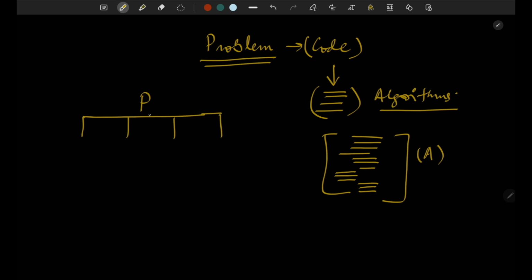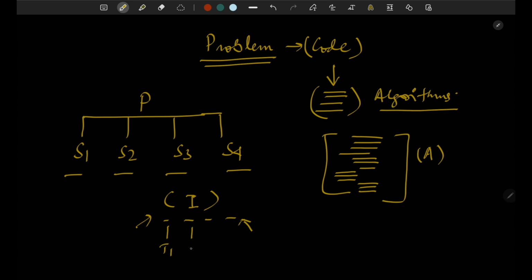So let's say there is a problem P and it can be solved using solution 1, solution 2, solution 3 and solution 4. For a given input I, all these solutions S1, S2, S3 and S4 are going to take some time. Let's say this is going to take time T1, this T2, this T3 and this one T4.